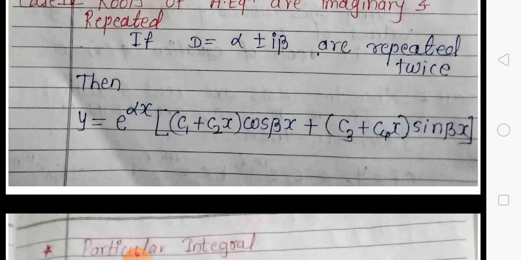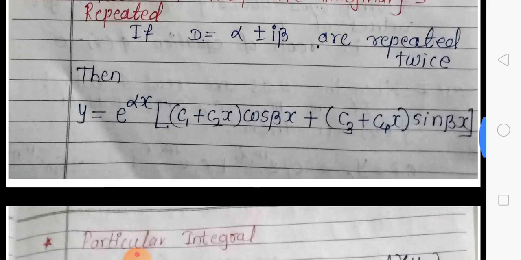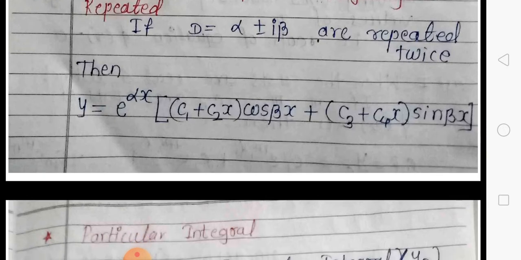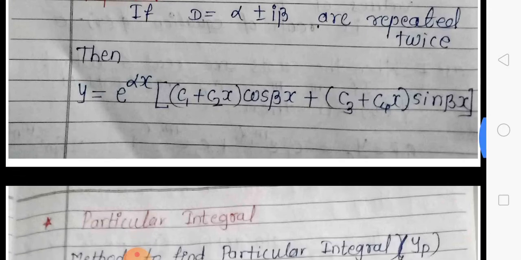Here two imaginary roots are repeated. Therefore, we take the coefficient of cos beta x as c1 plus c2x and the coefficient of sin beta x as c3 plus c4x. If the roots are repeated three times, then we consider c1 plus c2x plus c3x square and c4 plus c5x plus c6x square.